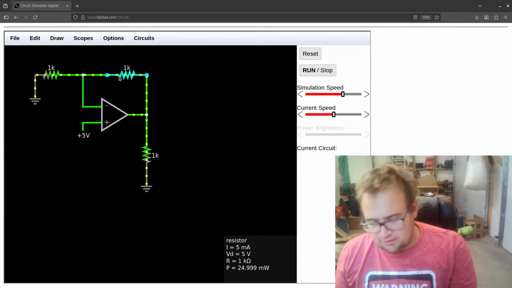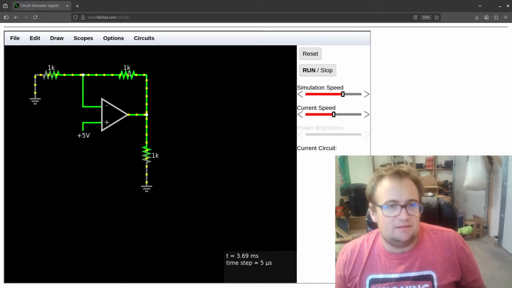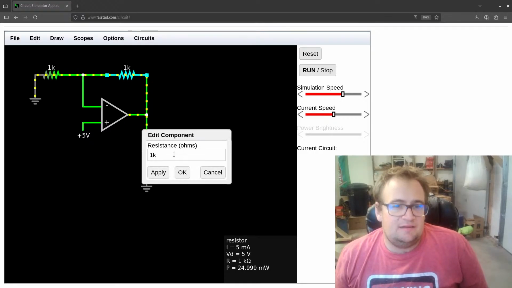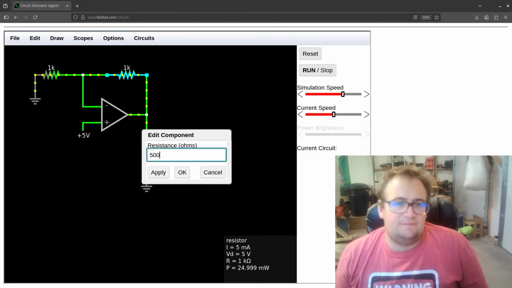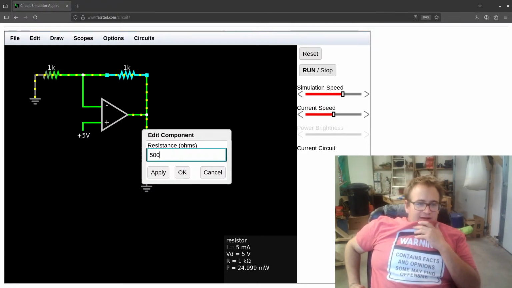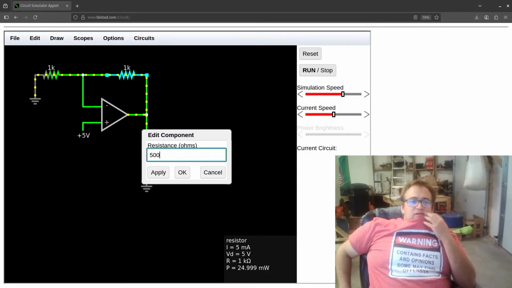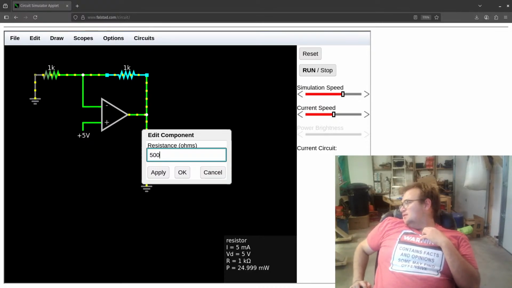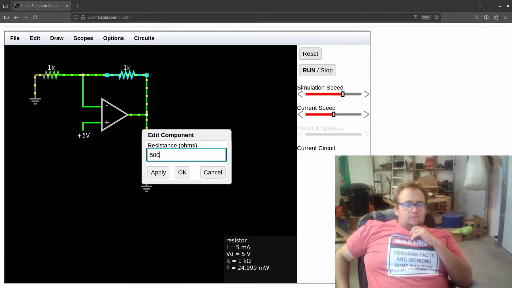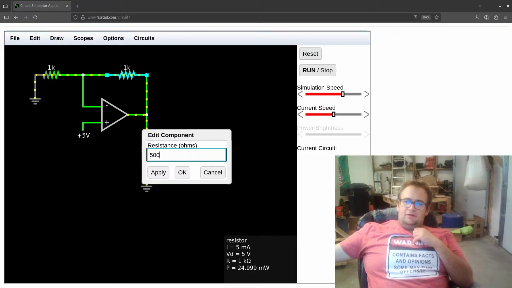Now, what do you think if I change this to 500 ohms? What I can do is just go here, edit, 500. Okay, let's think. If I change that to 500 ohms, that's 0.5K. So in total, instead of taking up half of it, it would only take up a third.